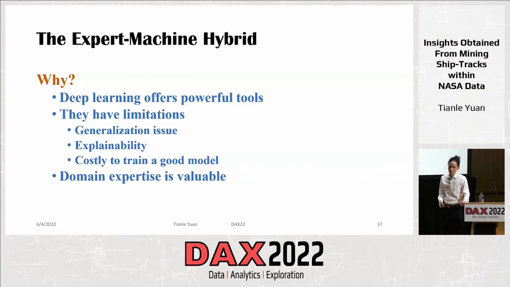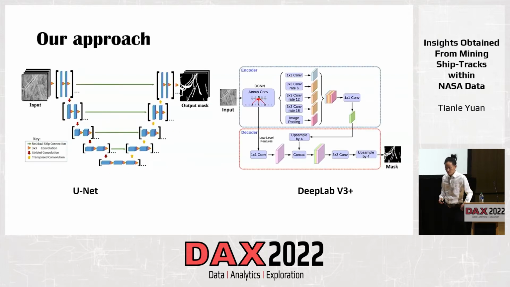I listed a few limitations and advantages on each side. Deep learning is really powerful because it has a lot of parameters and expressive power, but it also has limitations because it is trained on human labeled samples, as you will see, and sometimes it doesn't generalize well, and we don't really understand it because it's so complicated. That's why we took this hybrid approach.